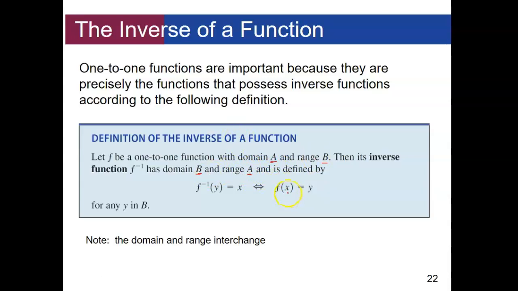Because if you think about it, this is your X and this is your Y. But when you do the inverse, your Y is going to become your input value and your X is going to become your output value. So you switch your input and your output, which means you switch your domain and your range.